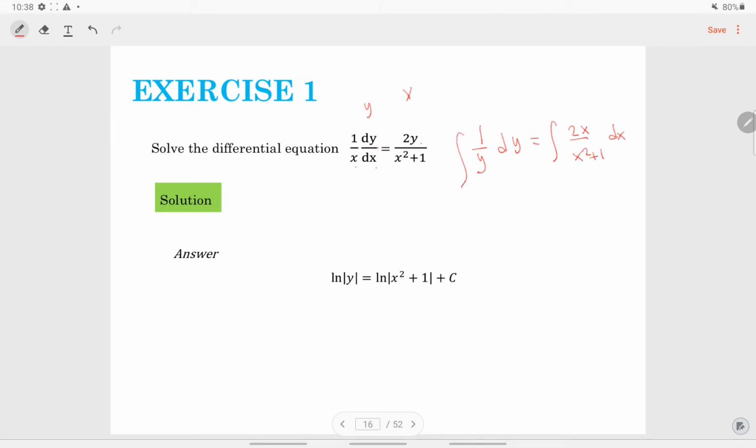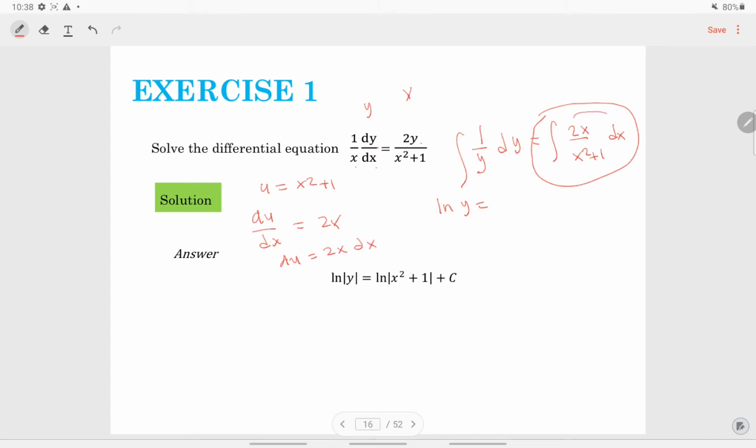Okay, integrate both sides. Integrate 1 over y, we will get ln y, and then to integrate this one, we can use the substitution method, right? Here we can let u equal to x squared plus 1, and then differentiate, du over dx, we will get 2x, meaning du is 2x dx.